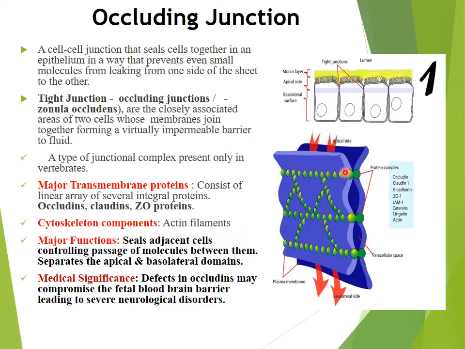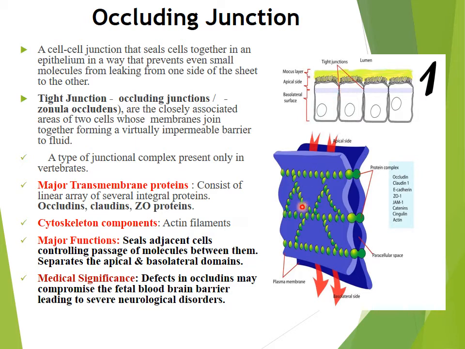Therefore, they are also called tight junctions, occluding junctions, or zonula occludens. So they are closely associated areas of two cells whose membranes join together, forming a virtually impermeable barrier to fluids. Now you can see here the tight junctions are at the apical surfaces.